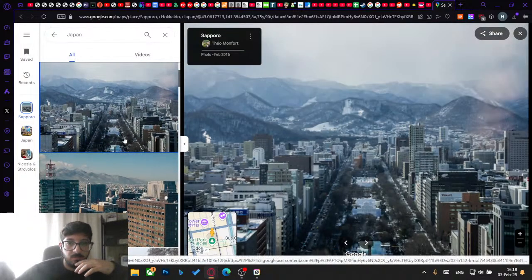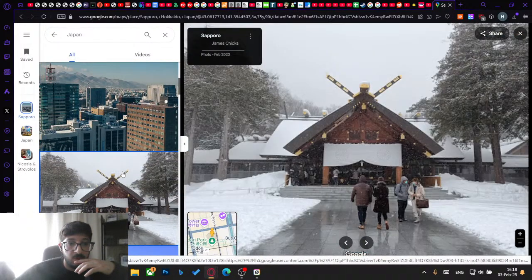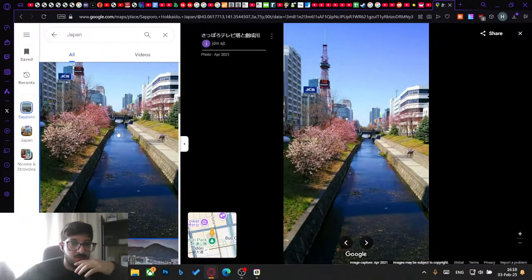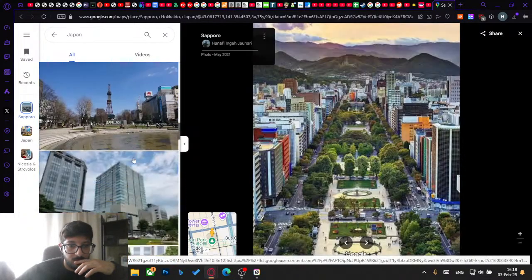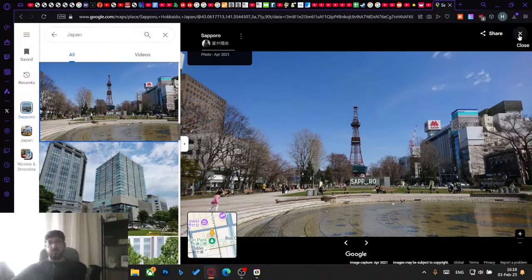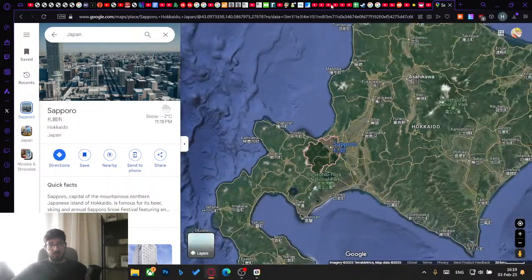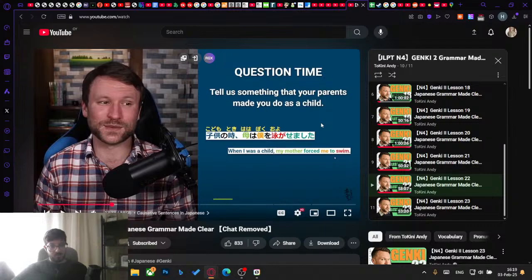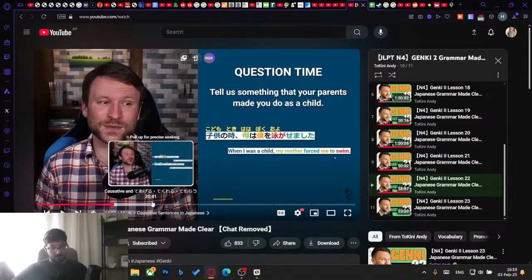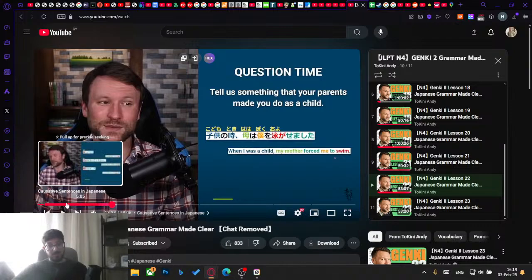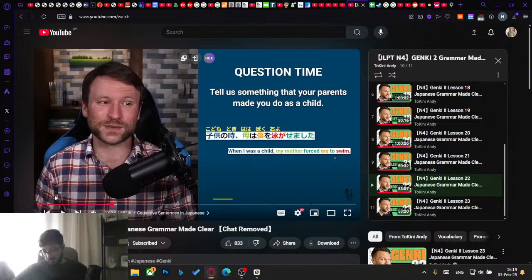It is a city. It has mountains. Snow, of course, it has to be cold. But anyways, yeah, let's just do a little bit of Anki now. Okay, I don't think we'll continue this now. I don't think I'll be able to finish it today. So I understand. I think I understand causative.